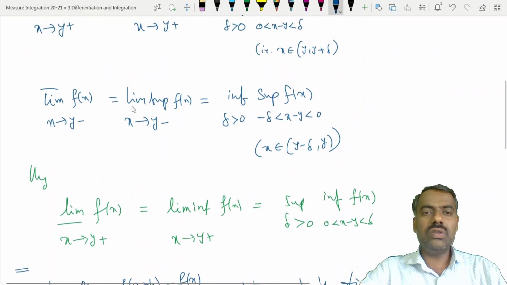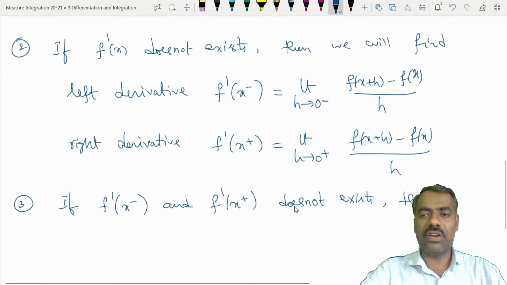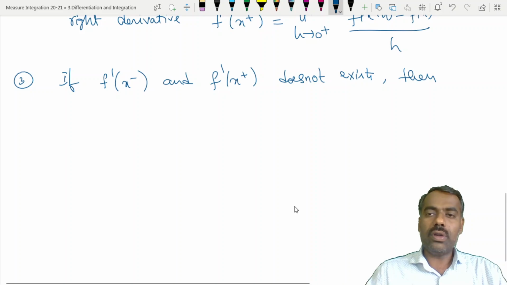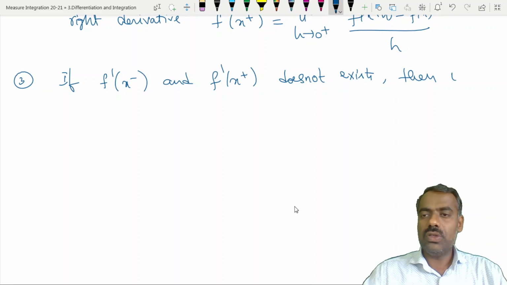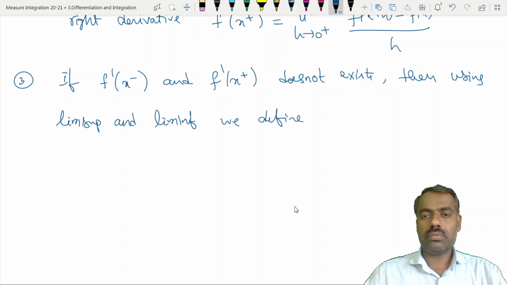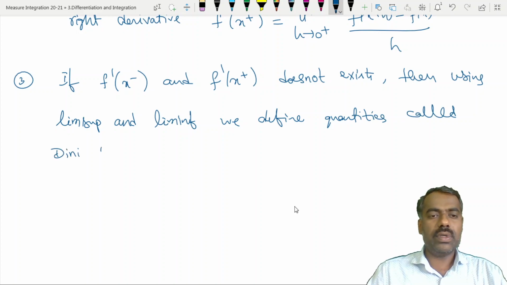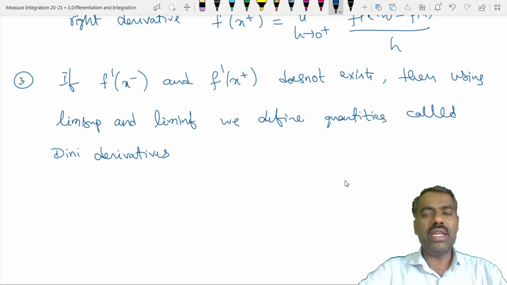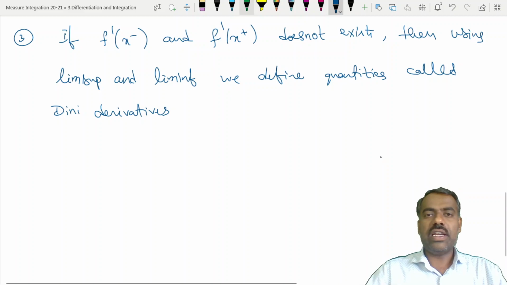So then we will define, using lim sup and lim inf of the function, four quantities called Dini derivatives. Okay, Dini derivatives. So that we will define now.